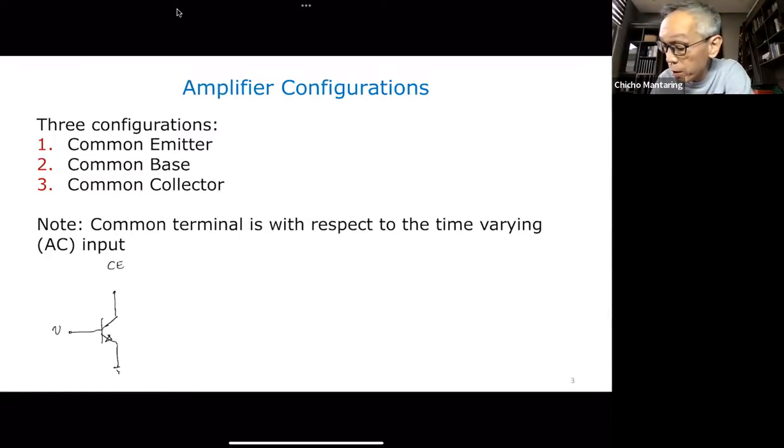Your input is at the base, and then your output is at the collector. That is your common emitter.